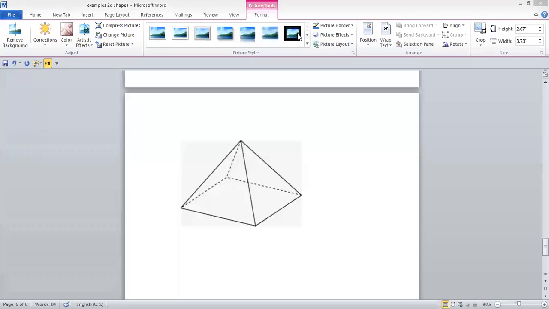Very good. Guys, this shape is known as a rectangular pyramid. It has 5 flat faces, it has 8 edges, and it has 5 vertices. I will show you how.